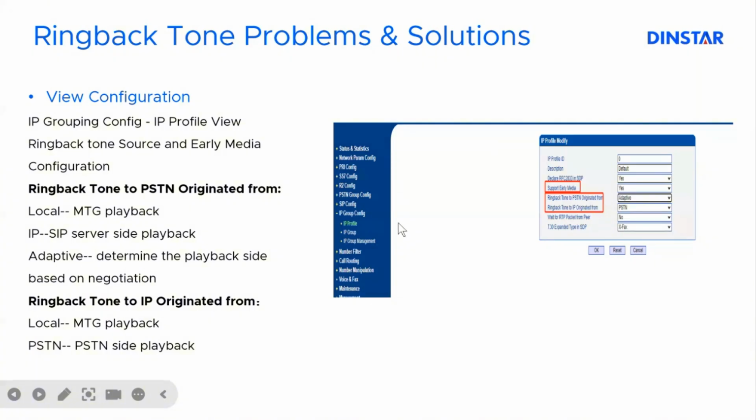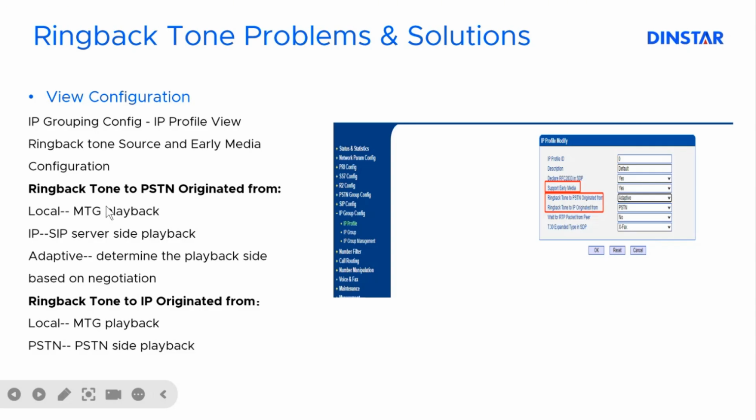So first, when there is no ring back tone, we need to check the IP profile configuration. We need to get into the IP group config and check the IP profile. And we can find there are mainly two settings here. One is ring back tone to PSTN originated, and the other is ring back tone to IP originated.